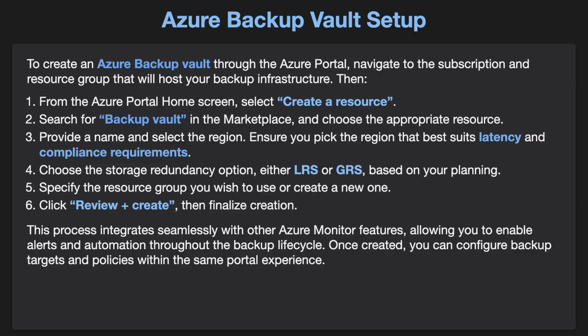Choose the storage redundancy option, either LRS or GRS, based on your planning. 5. Specify the resource group you wish to use or create a new one. 6. Click Review plus Create, then finalize creation. This process integrates seamlessly with other Azure Monitor features, allowing you to enable alerts and automation throughout the backup lifecycle. Once created, you can configure backup targets and policies within the same portal experience.